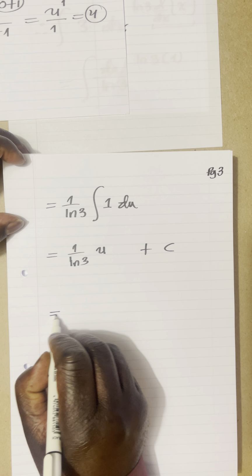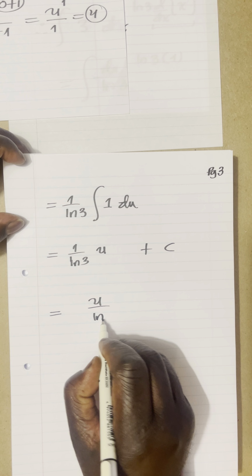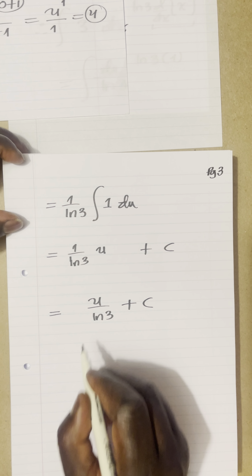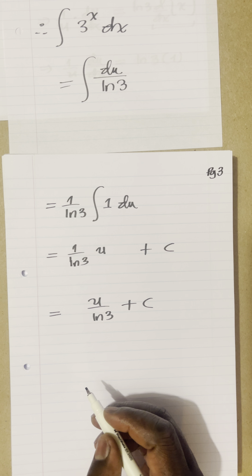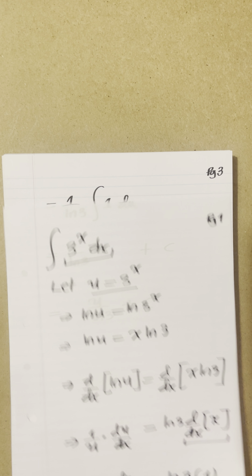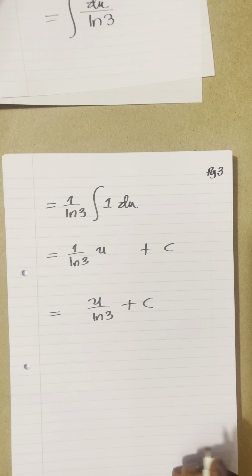So let's simplify this up. This is u over natural log of 3 plus c. What is u? Going back to page 1, here's my page 1. u is 3 power x. So we have to put 3 power x where there's u.